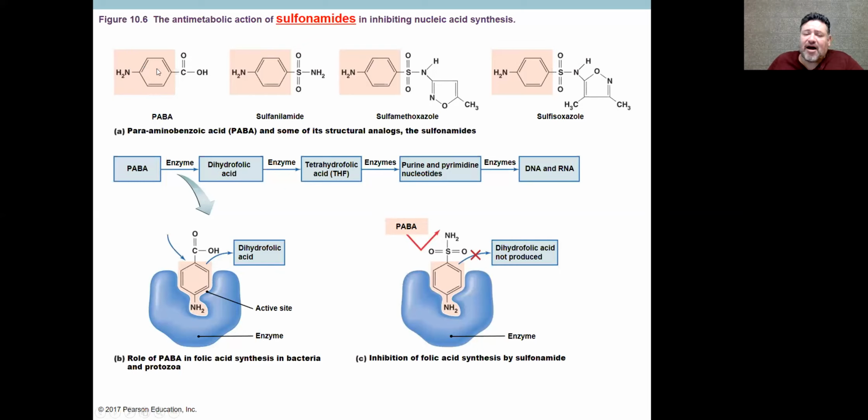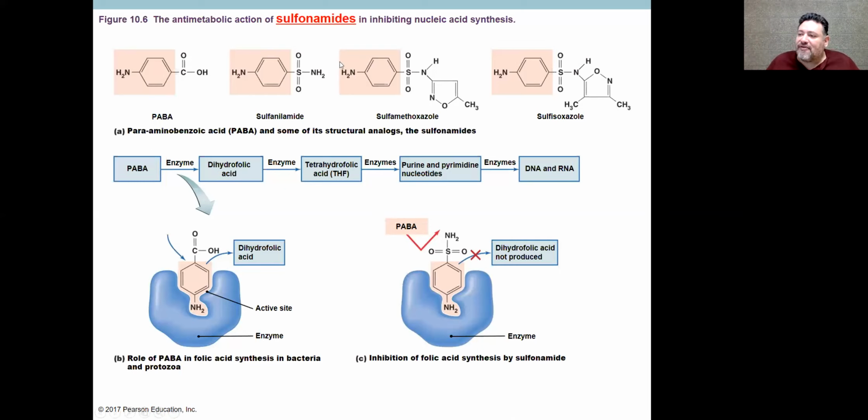So that means that these sulfonamides are analogs of PABA and can compete for that active site in that primary enzyme, okay? So compete, what does that mean? That means that sometimes, part of the time, the PABA is making in there and the system is going along, and part of the time, an analog is going in there and not doing anything, okay? So at the very least, it slows down the synthesis of DNA and RNA.